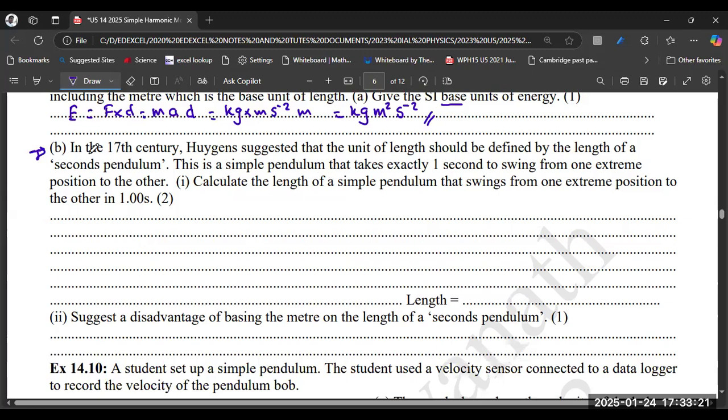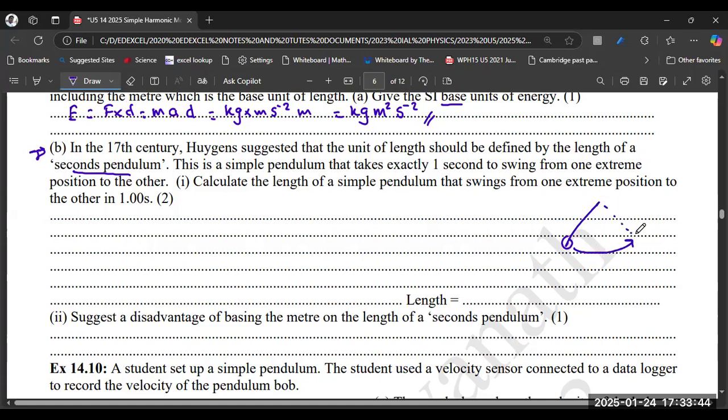In the 17th century, Huygens suggested that the unit of length should be defined by the length of a second's pendulum. This is a simple pendulum that takes exactly 1 second to swing from one extreme position to the other.